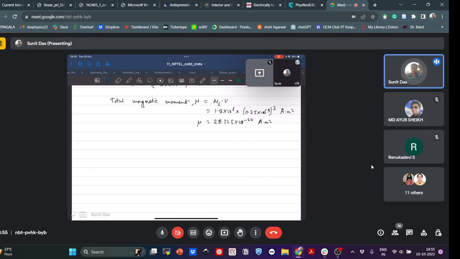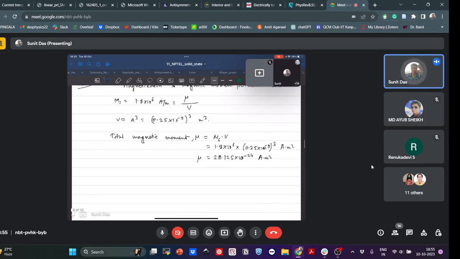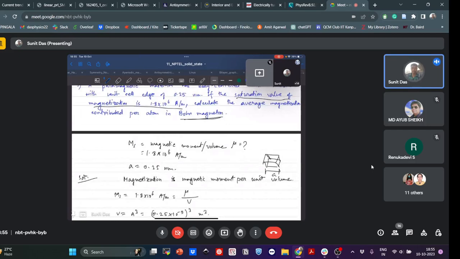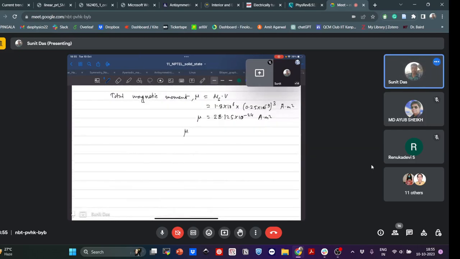So this is our total magnetic moment, and we need to find the answer in Bohr magneton unit, right? So we can convert mu in units of mu B, or Bohr magneton, which will be approximately 3 Bohr magneton. We can also write it as 3 mu B, where mu B has a value of 9.27 into 10 to the power minus 24 ampere meter square.